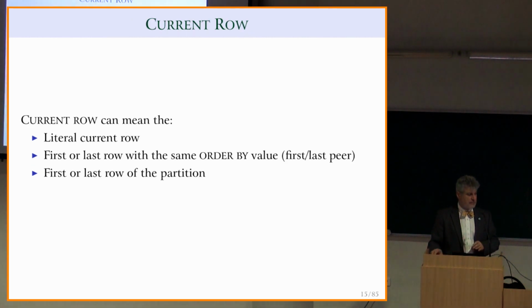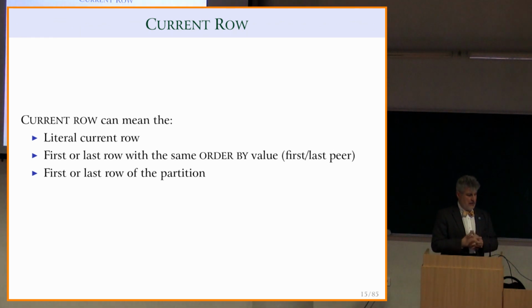Okay, so here's the first confusing part. You will see the word current row referenced several times in this presentation. What is very confusing is that current row in some places will mean exactly what you think it means. That is the literal current row that I'm processing.